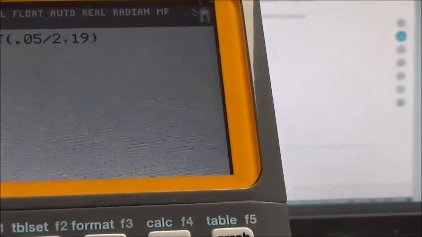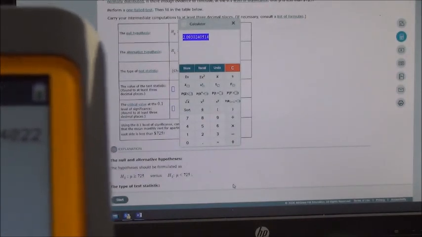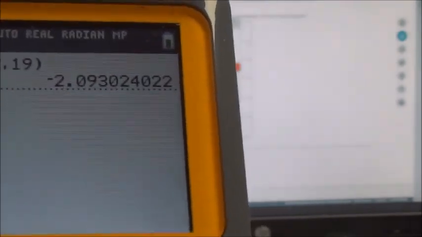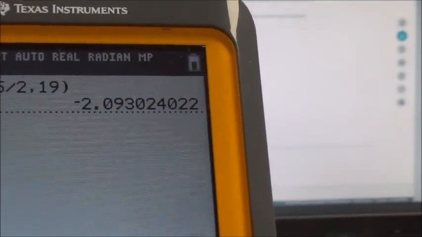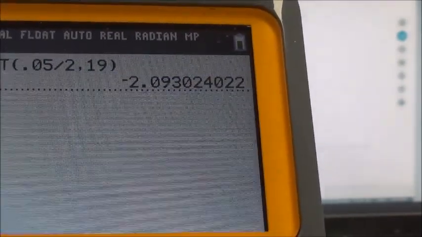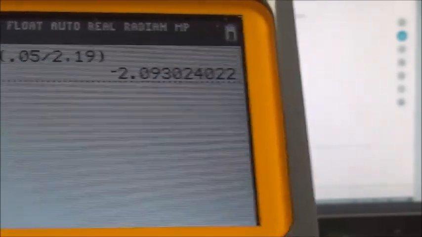And when I enter that in, you can see that I get the negative value because I used the area to the left, negative 2.093. Again, you're going to have plus or minus that value because you're doing a two-tailed test. And so I'm going to use negative 2.093 and positive 2.093 for my critical values.